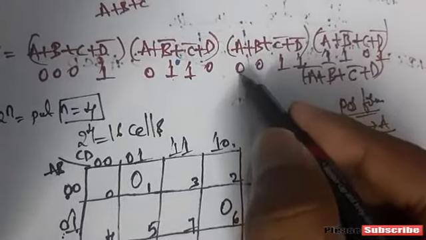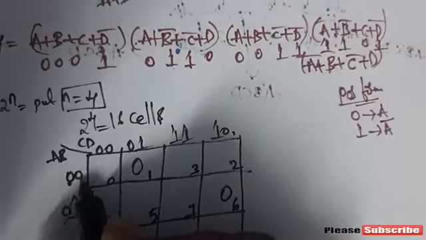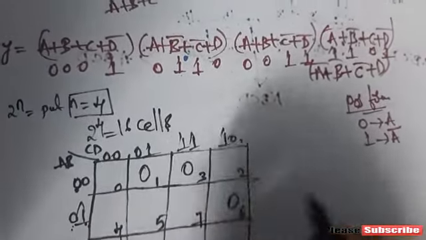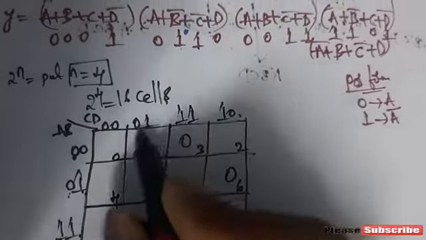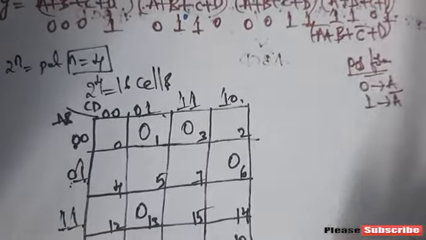Next, 0 0 1 1. Here we can represent the 0. Next, 1 1 0 1. Here we can represent the 0. Just shade it like this.